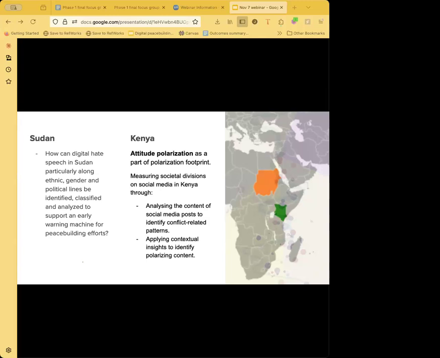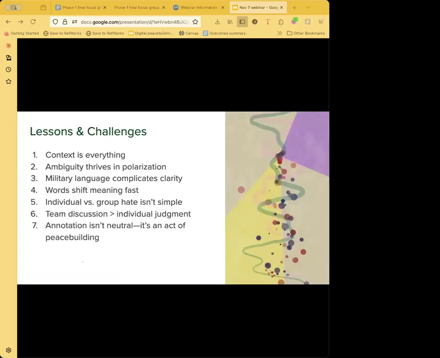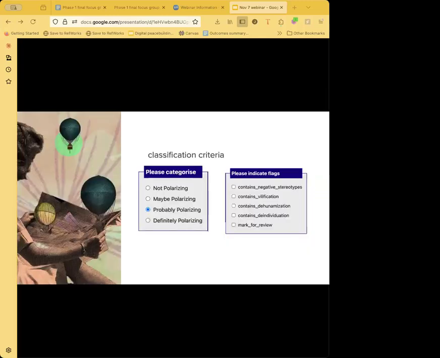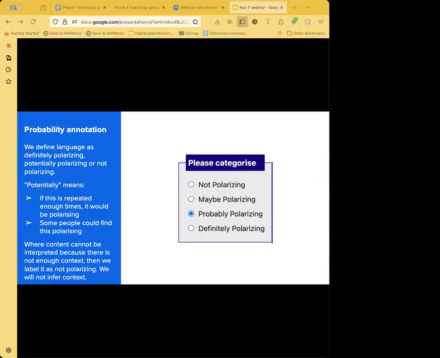And if we go to how we classified, we had two types of classification criteria: probably polarizing, and definitely polarizing.